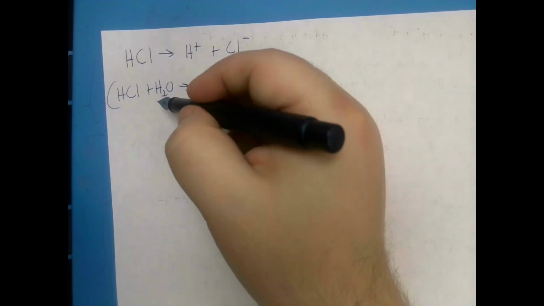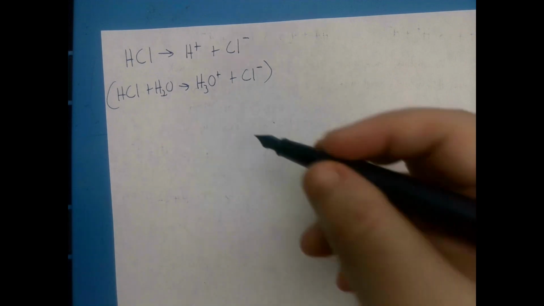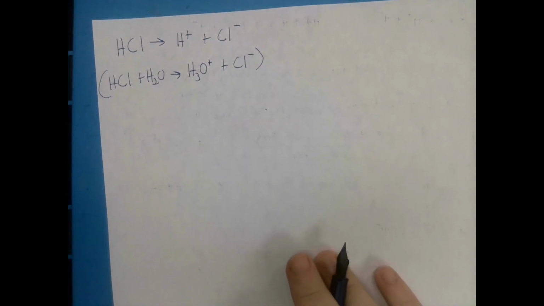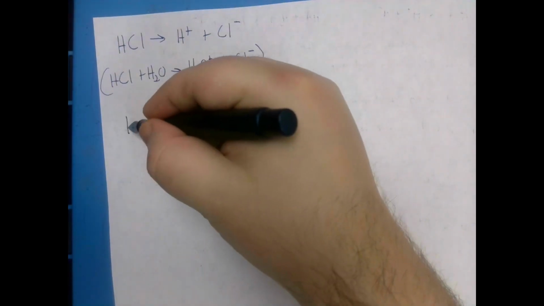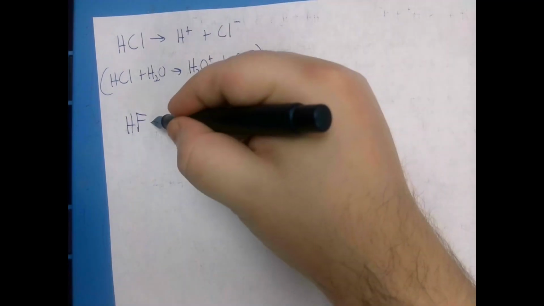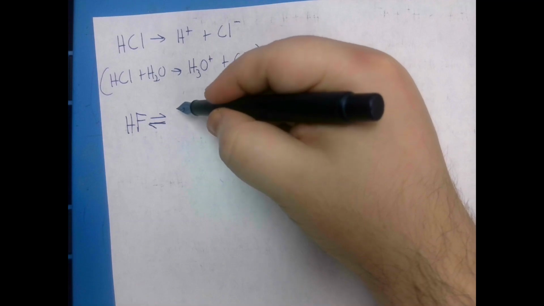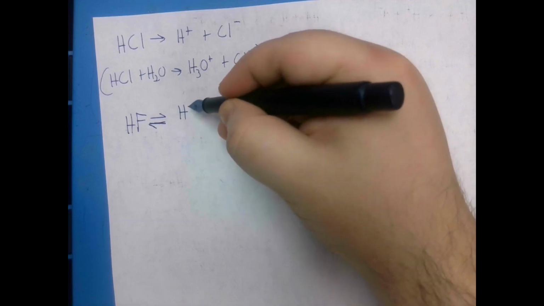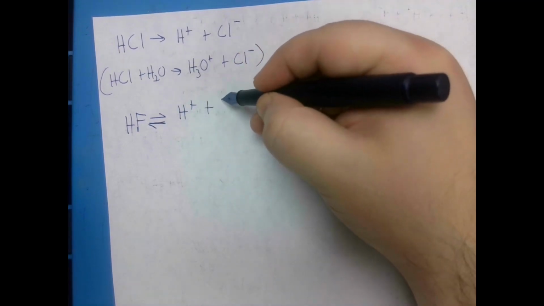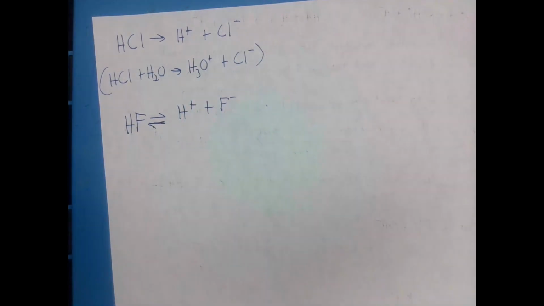And again, if you have an excess of water, obviously there will be water molecules left over. If you have more water than acid, then you'll end up with water still in there. Whereas HF goes back and forth between H plus and F negative.